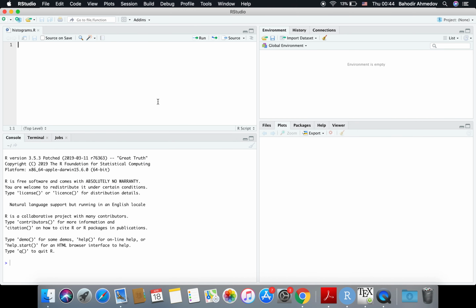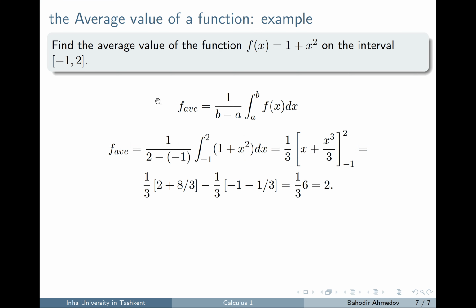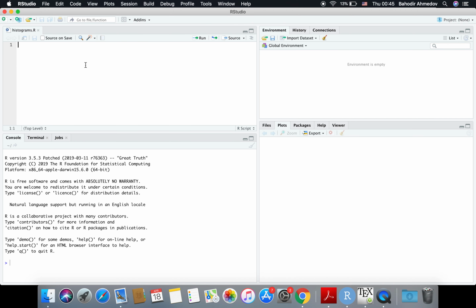So now let's do the simulation. This is R, the programming language which is used mostly to work with data. I'm going to calculate the average of our function 1 plus x squared inside this interval by dividing the interval into different numbers of points. So let's say sum is equal to 0 in the beginning, n is equal to 10, and delta x is equal to b minus a, which is the length, 3, over n.